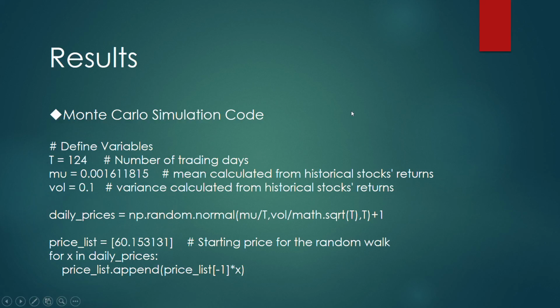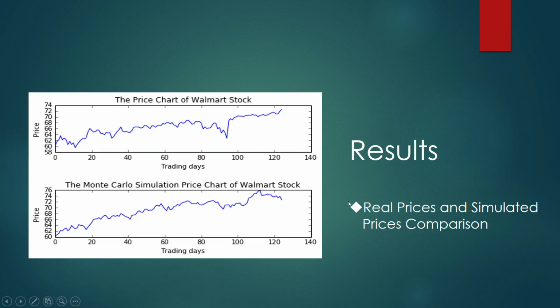And here is our Python code we use for the Monte Carlo simulation. After running this code, we plot the graph of real stock prices and the simulated prices for comparison.